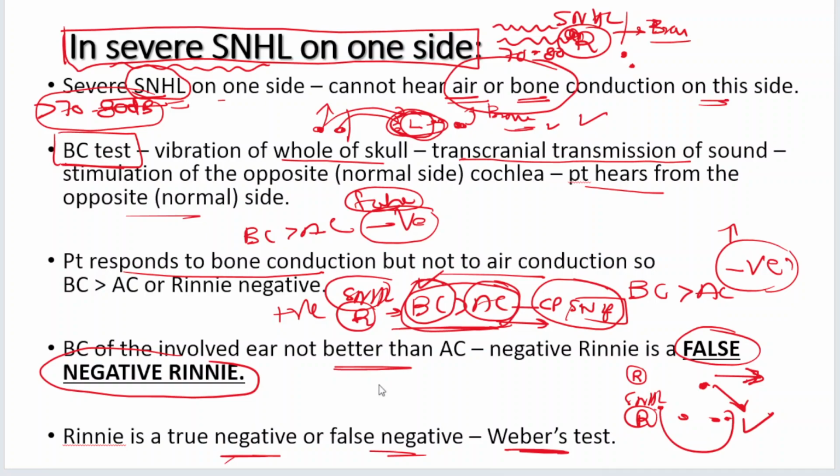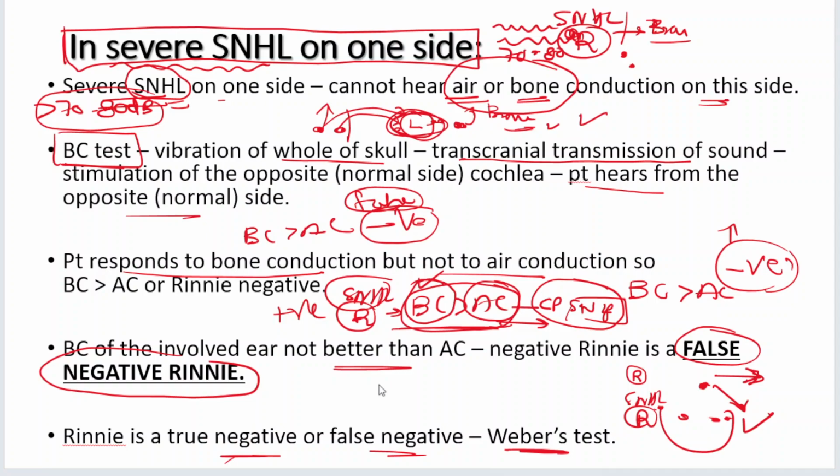Because there is so much hearing loss by the air conduction route, he says, I cannot hear anything. When you place it on the mastoid, the right side cochlea is not getting stimulated, but because there is transcranial transmission of sound, the left-sided cochlea will get stimulated. The patient says, yes, I can hear. The brain is perceiving it.